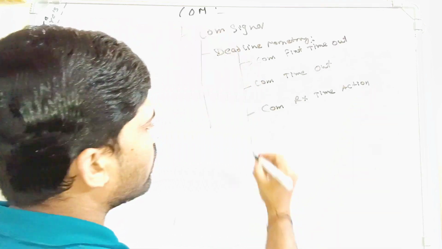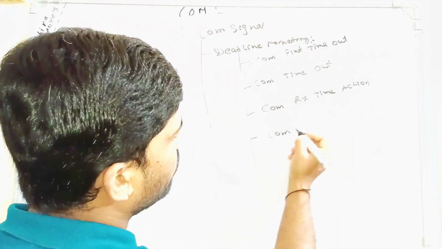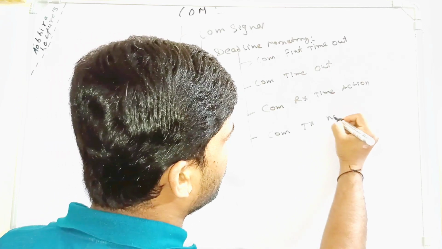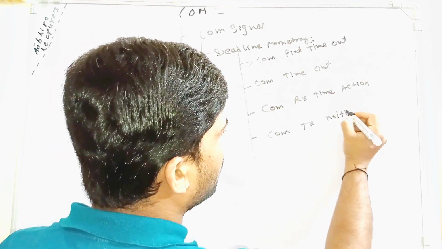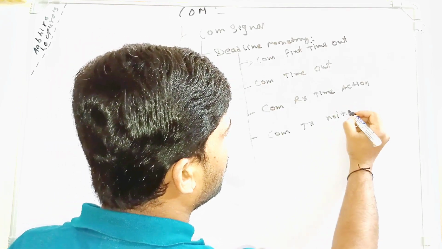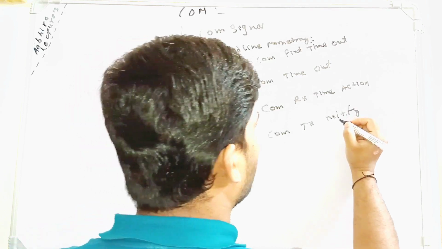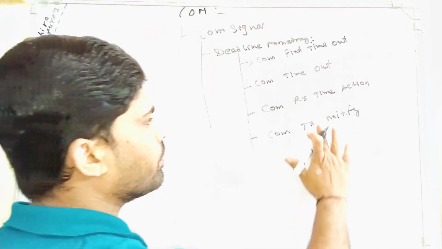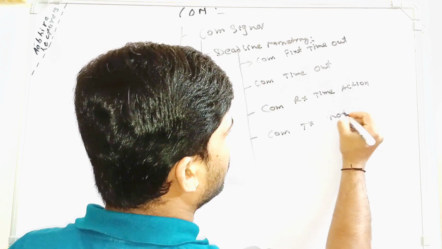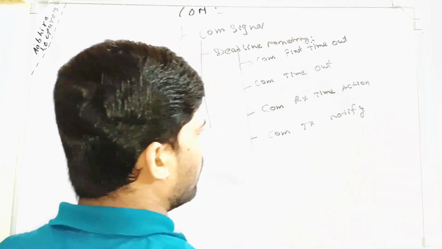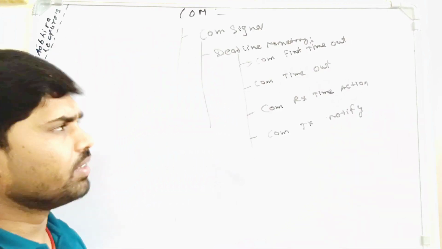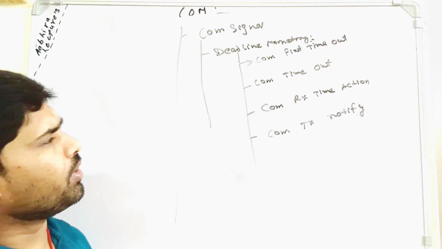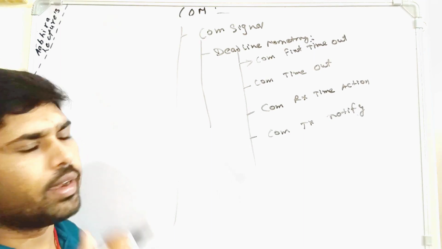Okay, com tx notify. Okay, so these are the four parameters which we have to configure in deadline monitoring.